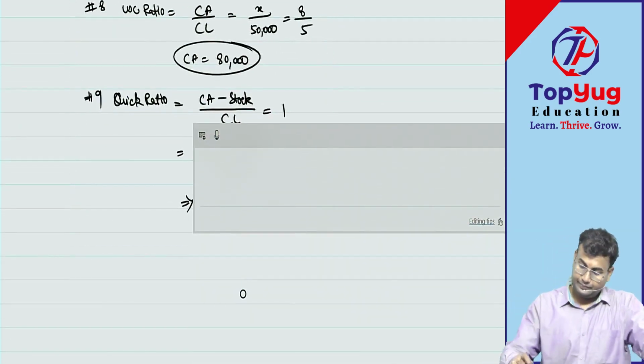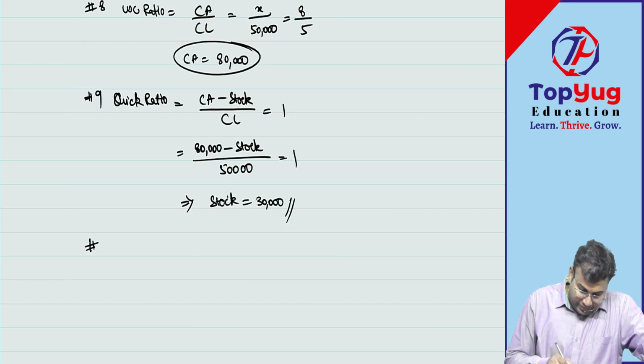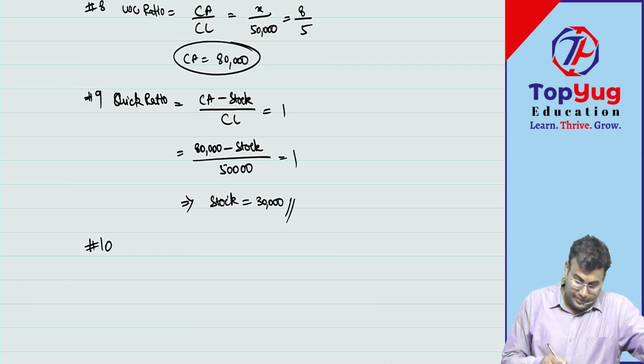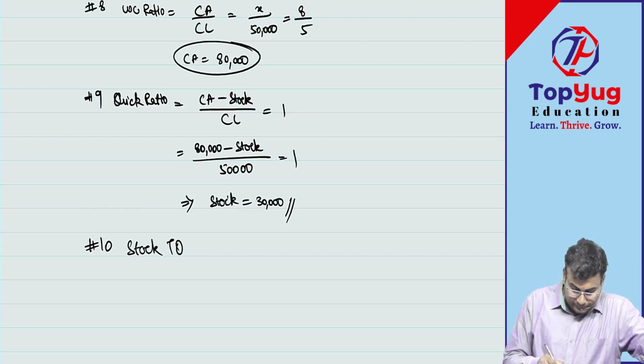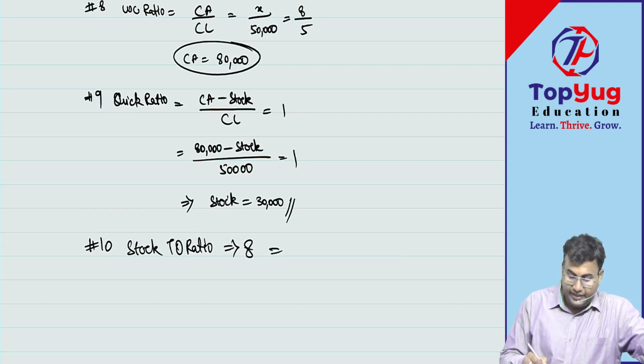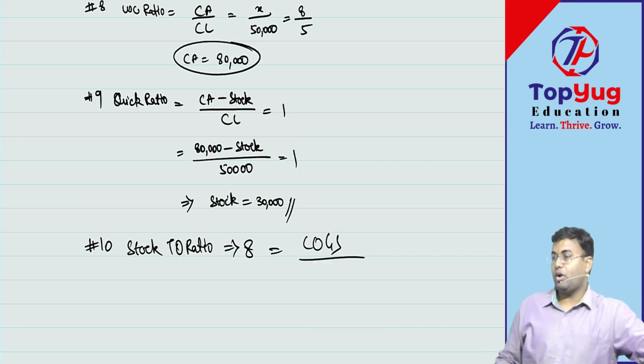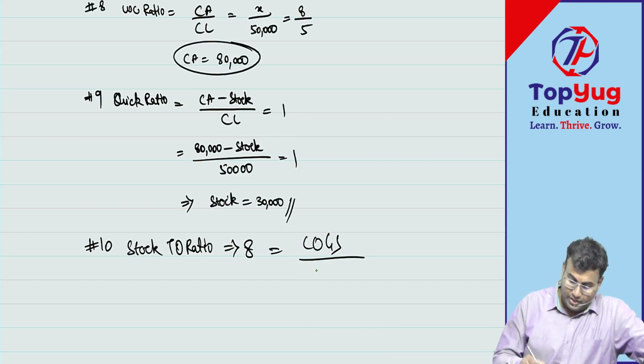ठीक है. Working note number 10. Stock turnover ratio. Is it given to you as 8? So 8 is equal to cost of goods sold by stock. Stock is cost, so that also has to be cost by stock.